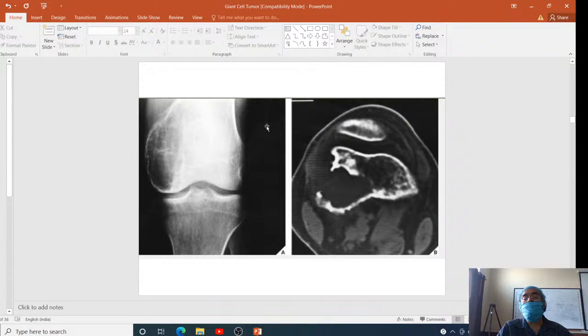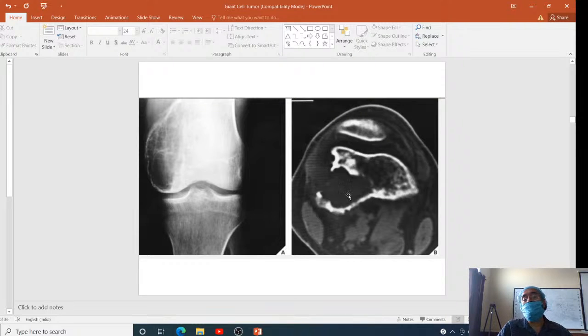The same thing in the scan. So this is a break here, a cortical break. You can see this is the femur, the outlines of the femur. This is the patella, and here you can clearly see the break in the cortex, and we can see the tumor extending into the soft tissues.